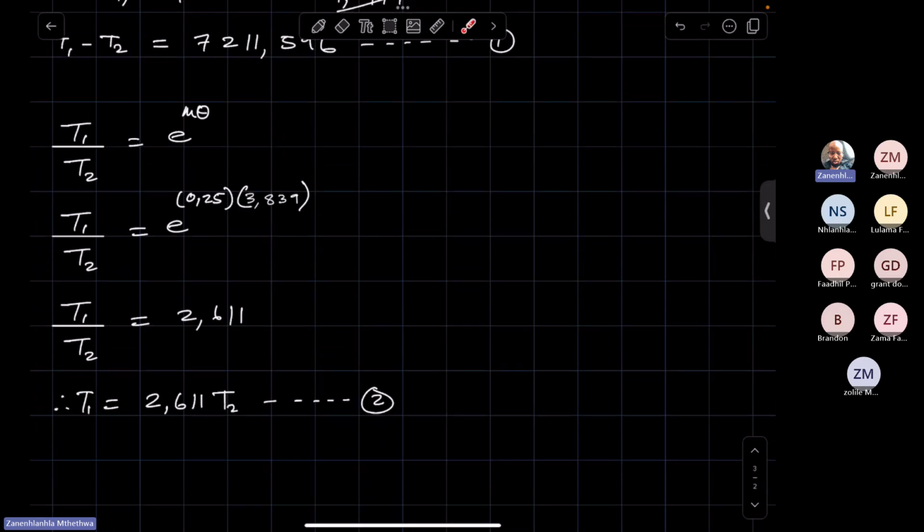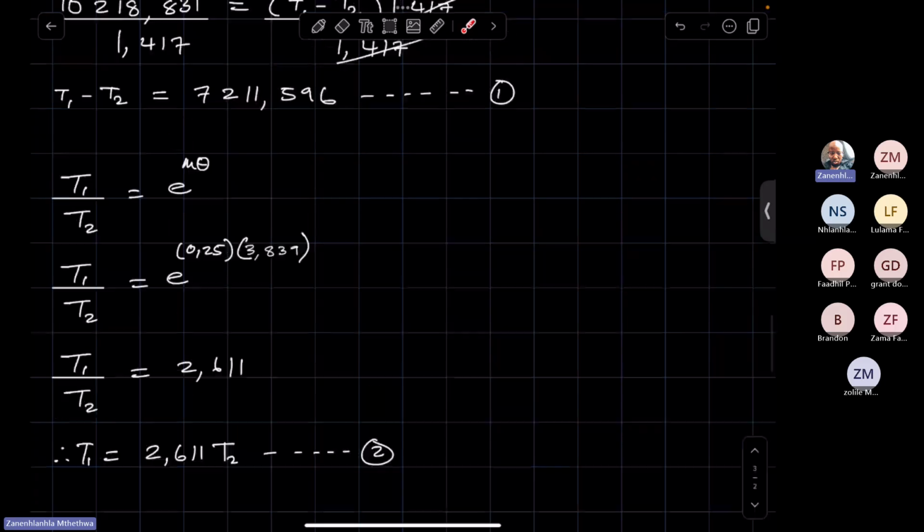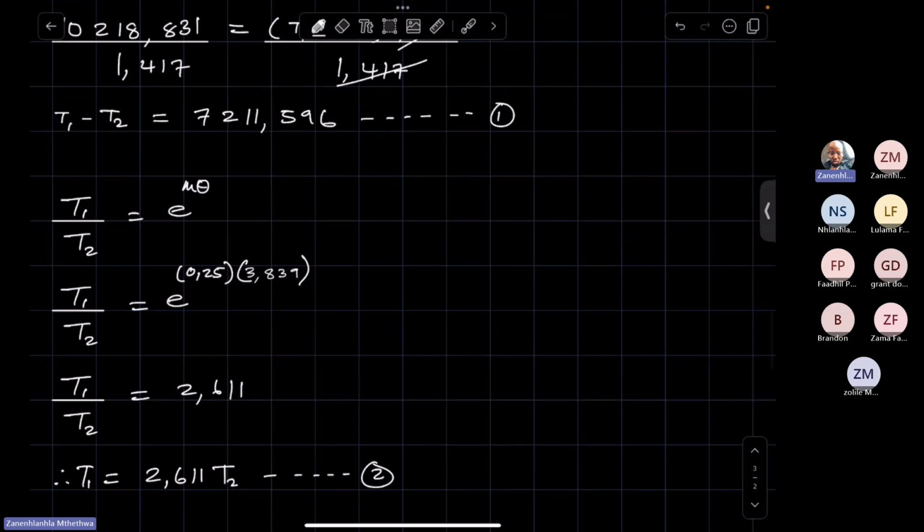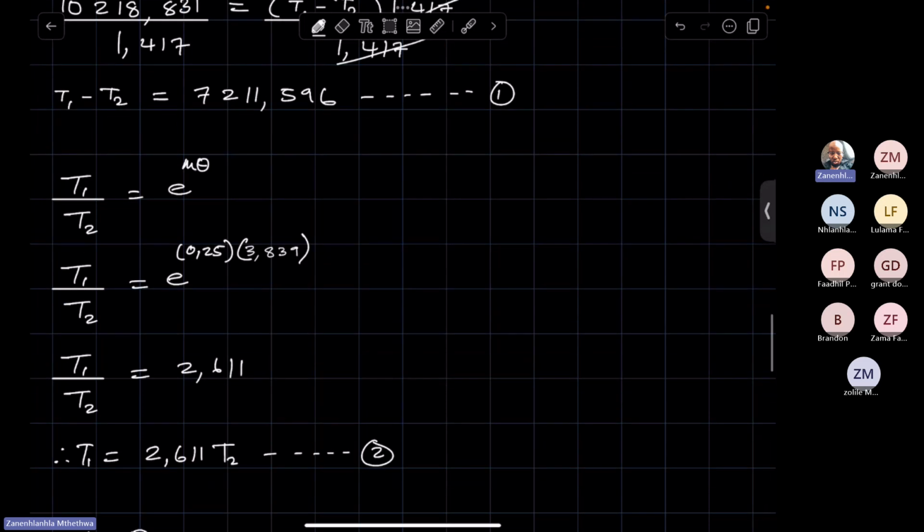So now it's going to be more convenient for us to take equation 2 and substitute it into equation 1, right? So now you sub equation 2 into the first equation. Where is the first equation? Oh, there it is.